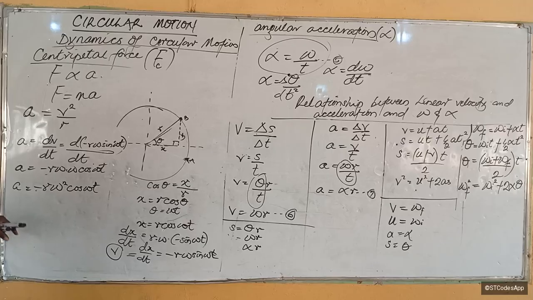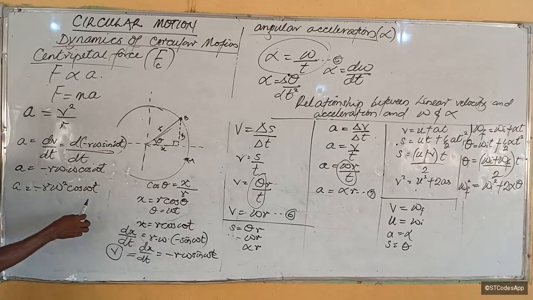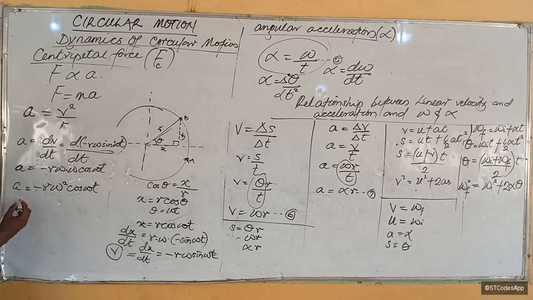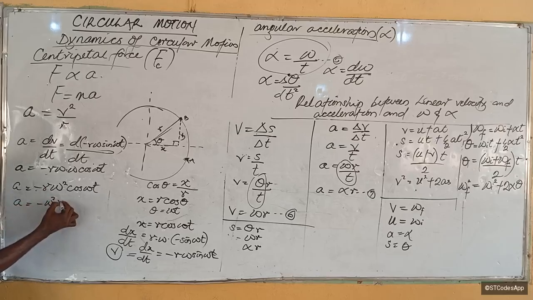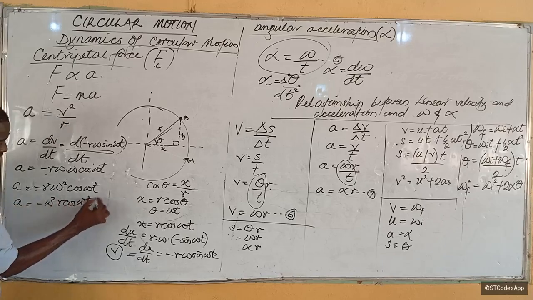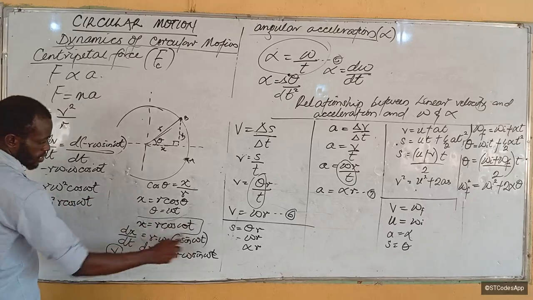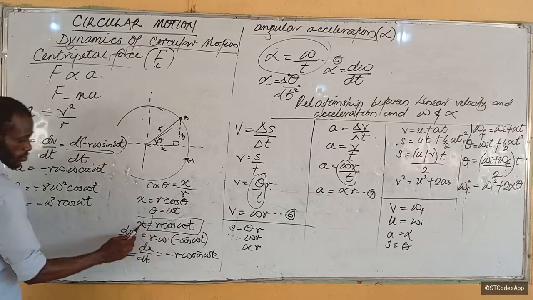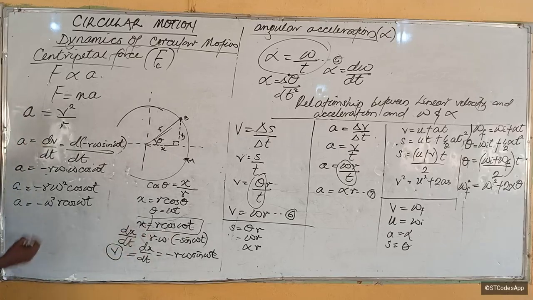Now here, if you look at this very well, I want you to see something. If I do this, a equal to negative omega squared, I want to write r cos omega t. This r cos omega t was what I started with, is equal to x. So a is equal to minus omega squared x.